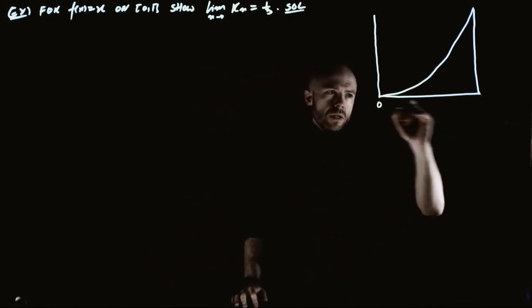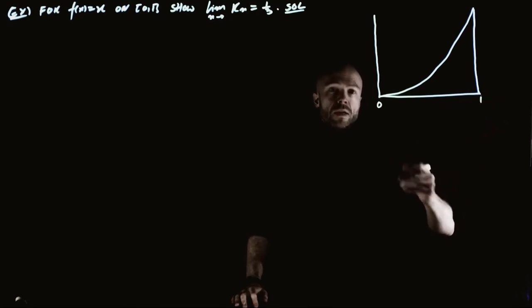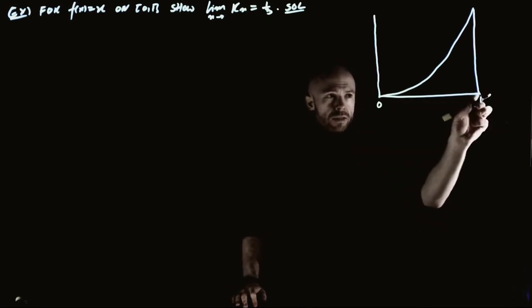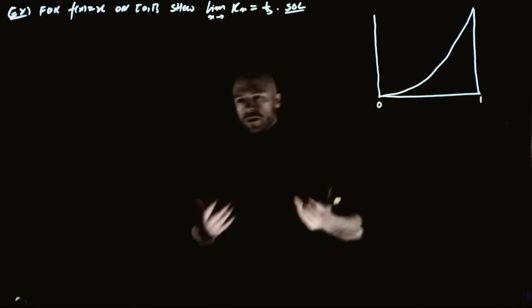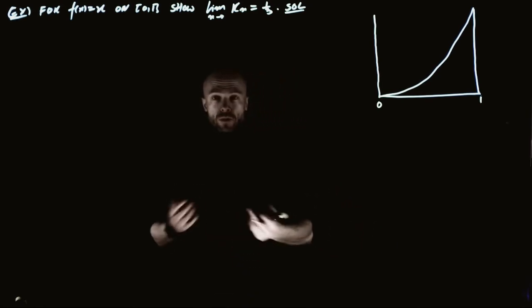All right, so how do we start? This is 0, and this is 1. Okay, and if we're going to cut it up into n individual subrectangles, what's the length of each rectangle, right? Because they're all equal length.